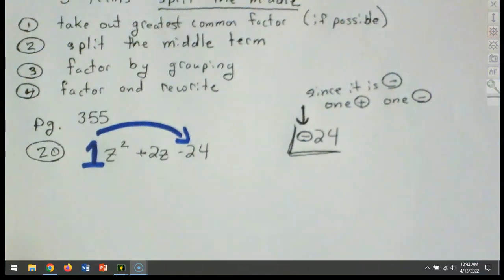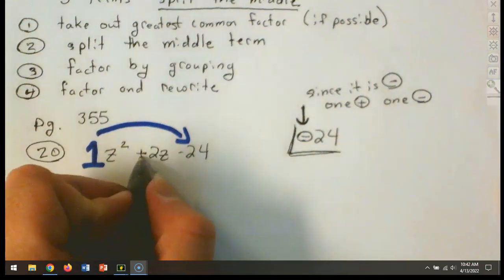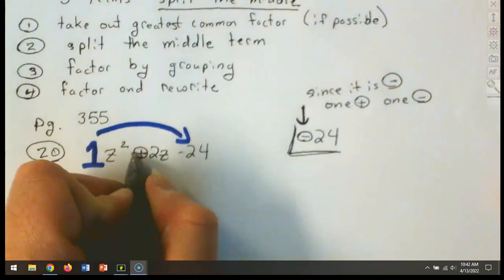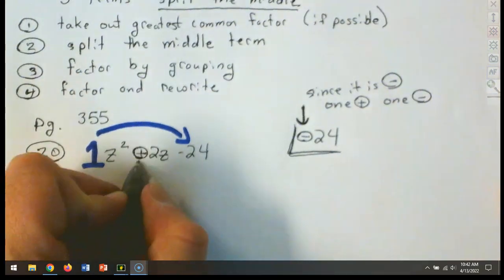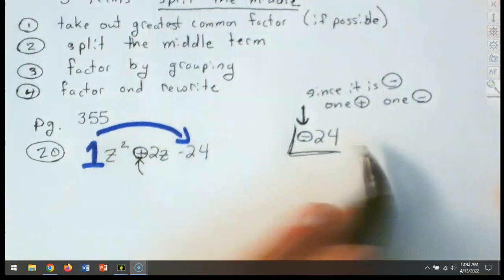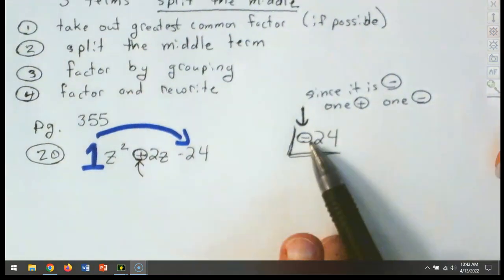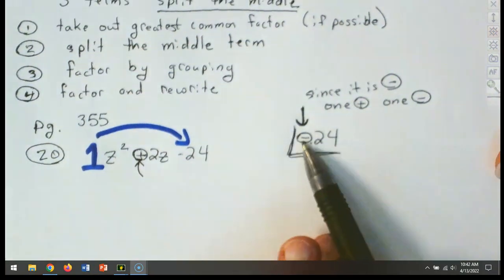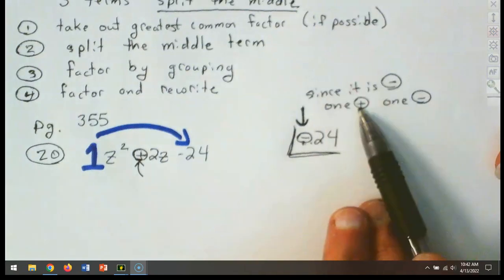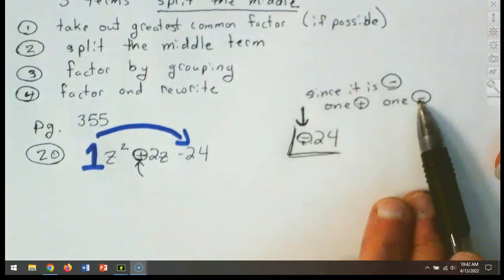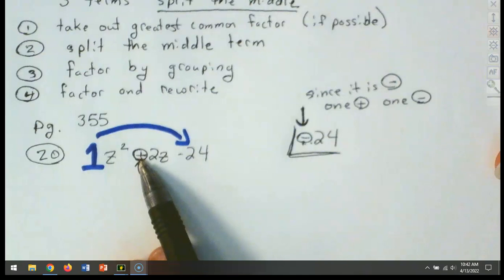Now, inside the box, we look at our term in the middle. Okay, so this is the number inside the box. This is negative, so that tells us one is positive, one is negative. Now we go back to our original trinomial here, and we look at our middle.